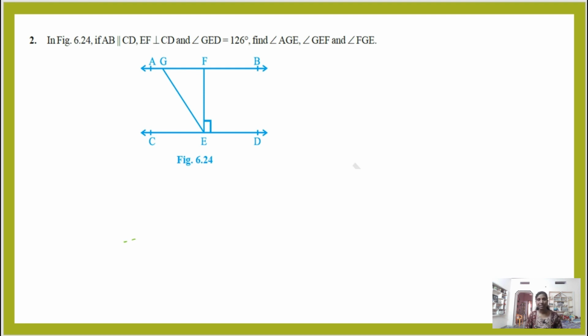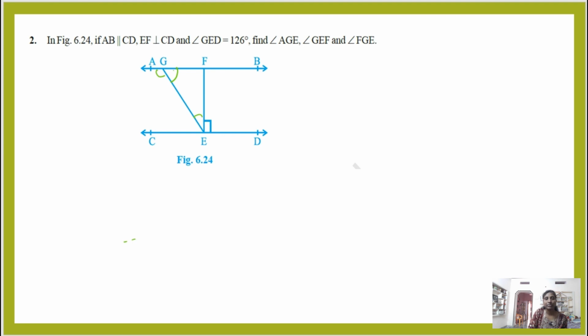So these are confusing, no? Angle AGE, see, where is angle AGE? Here is angle AGE. Angle GEF, this is angle GEF. And angle FGE, this is angle FGE.